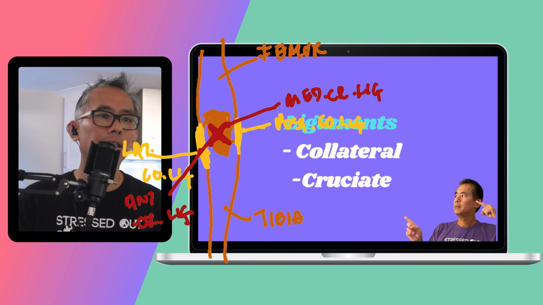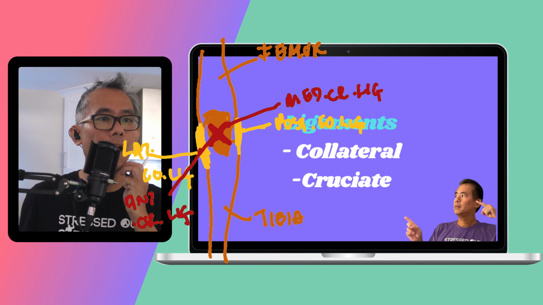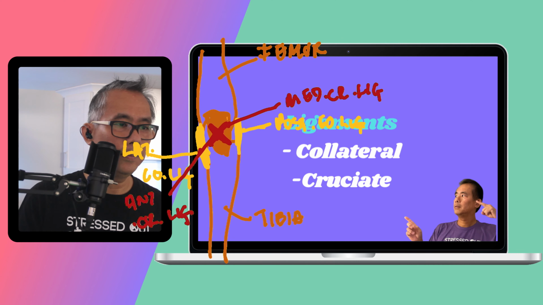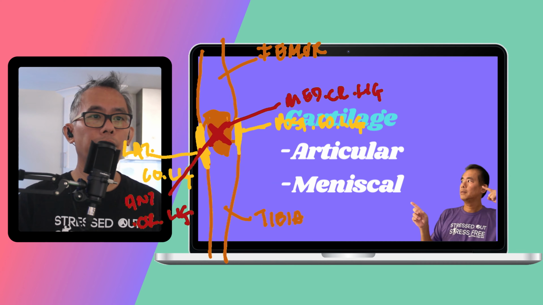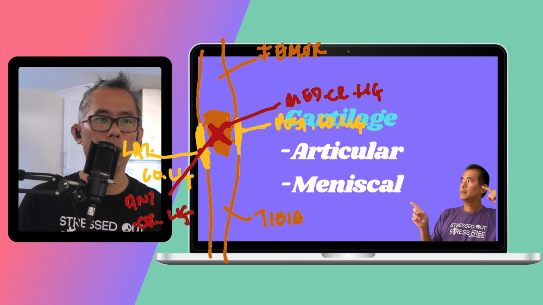Then let's see what else they have in the leg. We have cartilage, articular cartilage. What do they do, right?